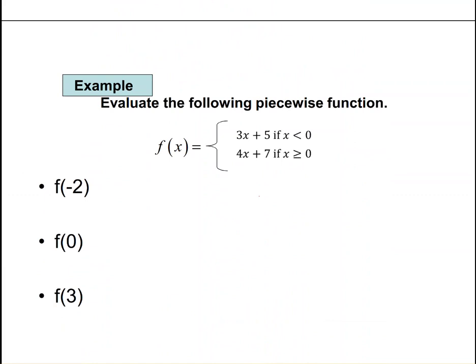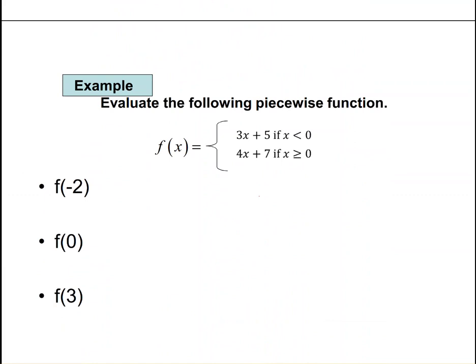So we look at the number in the parentheses, which represents our x value. In this first one, we have f of negative 2. Is negative 2 greater than or less than 0? That's right, it's less than 0.